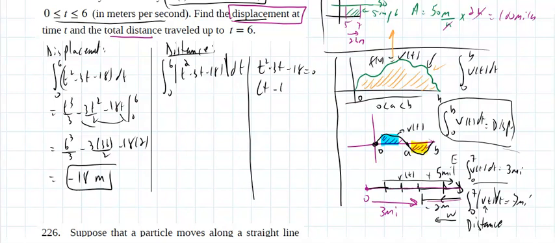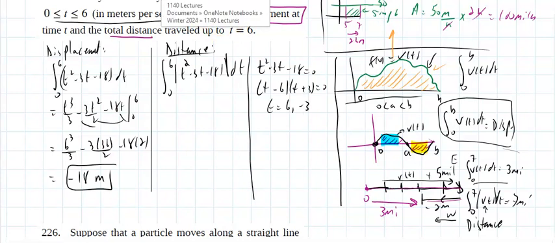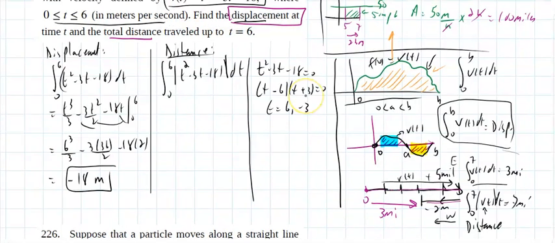If it factors, that's t minus 6 times t plus 3 equals 0. That's t equals 6 and negative 3. So if I put negative 3 there and 6 there, there are two ways of figuring this out.